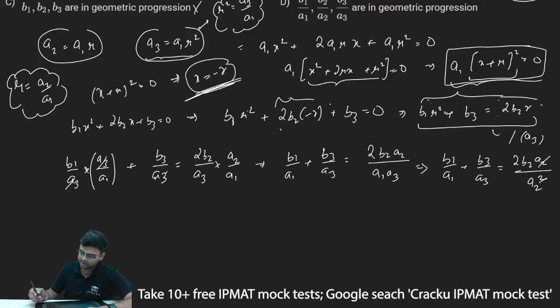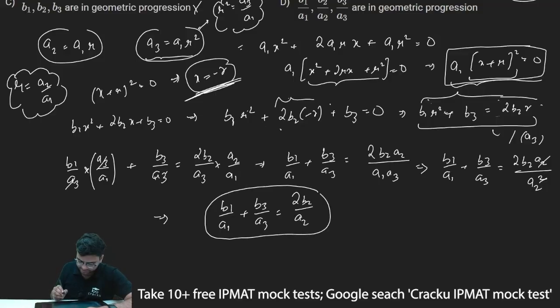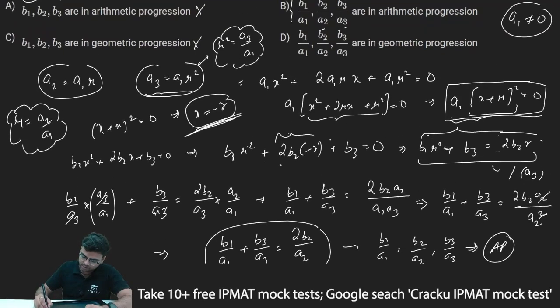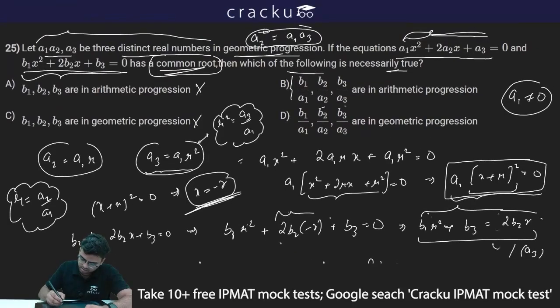So a2 and this get cancelled, and thus b1 upon a1 plus b3 upon a3 should be equal to 2b2 upon a2. Thus this is the condition for AP. So b1 upon a1, b2 upon a2, b3 upon a3 should be in AP, and therefore my correct answer is option B: b1 upon a1, b2 upon a2, b3 upon a3 are in arithmetic progression.